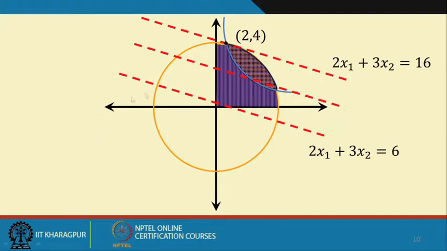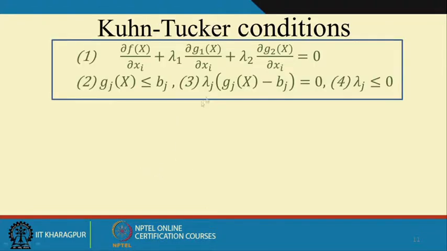Here I am not doing anything new, again I am constructing the Lagrange function and the first order necessary condition. This is the set of optimality condition, feasibility condition, complementary slackness property, and this is the sign enforcement on lambda.